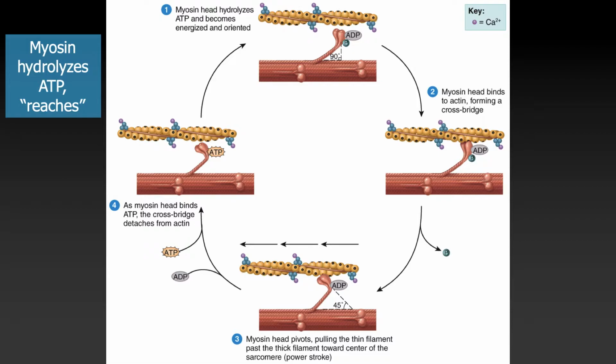By binding the energy, it reaches forward. You can see that reaching here. This is a 90-degree angle. I just put that angle up here so we can compare the difference in reach to the second phase of myosin. You can see the head is placed at 90 degrees, which allows it to reach out and then across to bind actin if it's available.